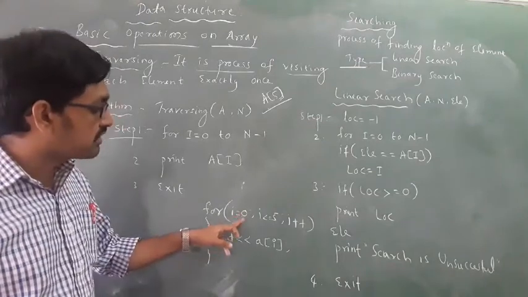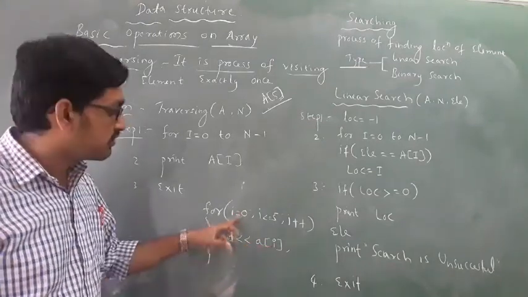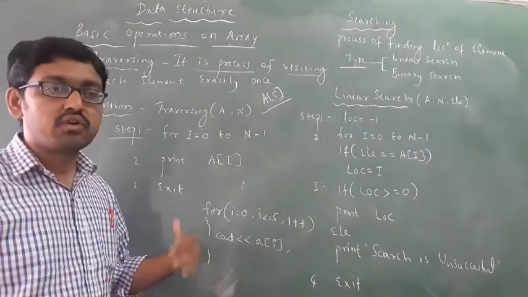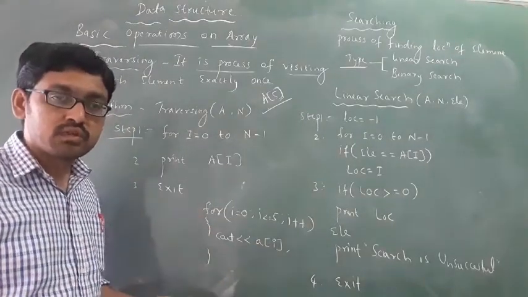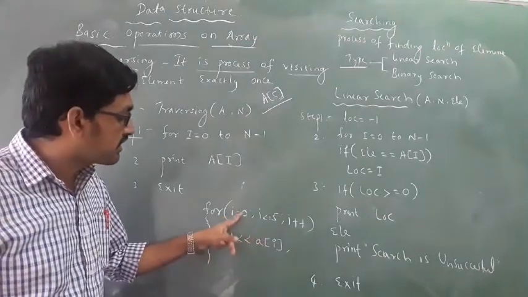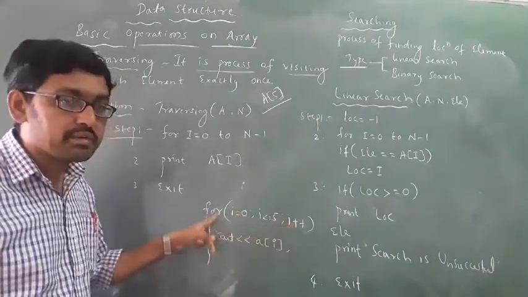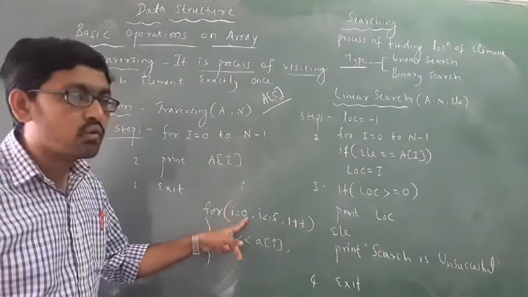First time 0 will be visited. Then I do A of 0. In A of 0, the element will be stored. For example, 10 will be stored. Then after that I plus plus means I will be incremented, then I becomes 1.